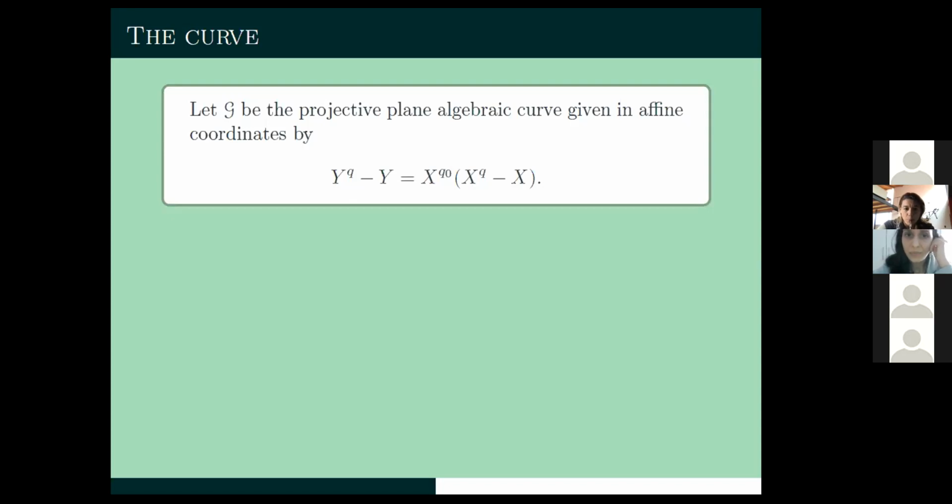The curve we will be interested in this talk is the projective plane curve with this equation given in affine coordinates. At first, we don't consider the characteristic, so we can consider both even and odd characteristics.